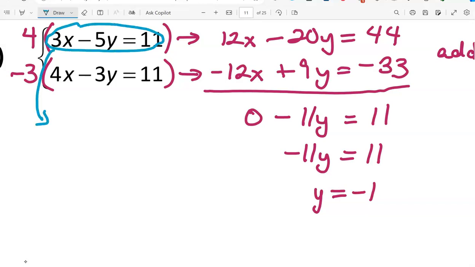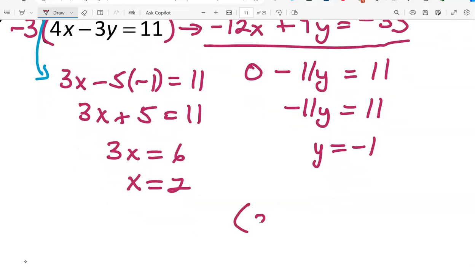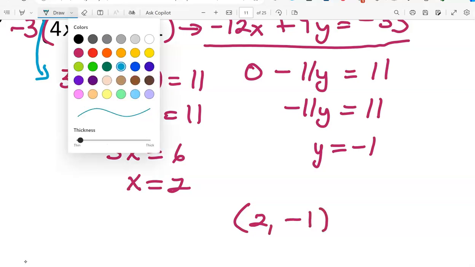If we substitute into it, we get 3x minus 5 times -1 equals 11, or 3x plus 5 is equal to 11. Subtracting 5 from both sides and dividing by 3, x is 2. And so our solution in ordered pair form is (2, -1).